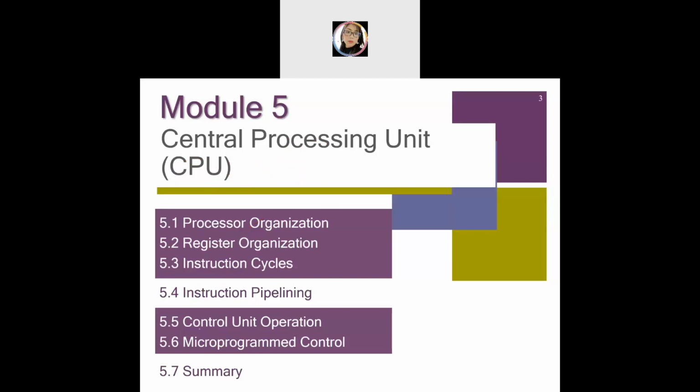Similarly, the control unit is also going to be touched a bit in our module 5. So: register organization, instruction cycle, instruction pipeline, control unit operation, and lastly microprogram control. Here also, I think there is a pyramid thing I mentioned to you last time.